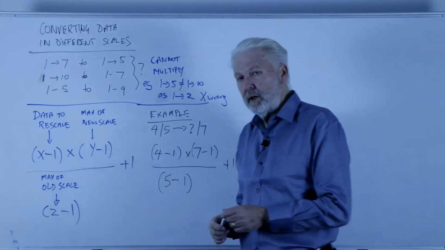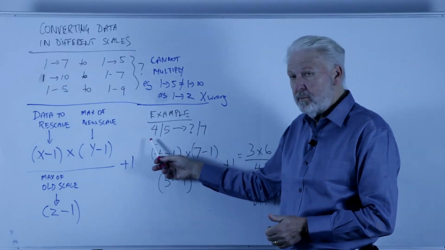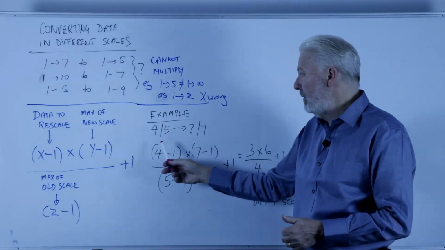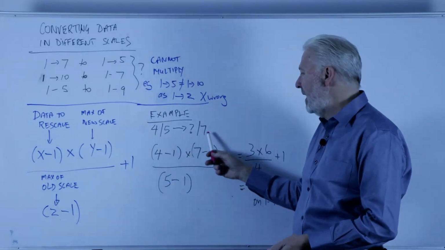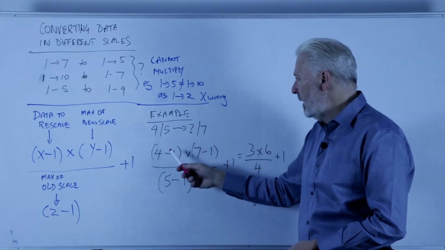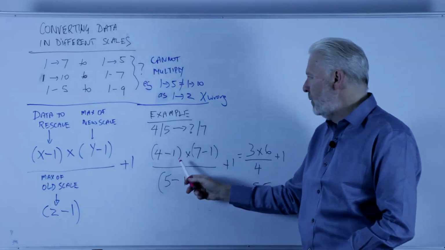So let's work through an example. We have a data point of 4, and it's on a scale of 1 to 5. So it's 4 out of 5, and we want to convert that to something out of 7. What is that? So we plug in: the data point is 4, so 4 is x, minus 1.